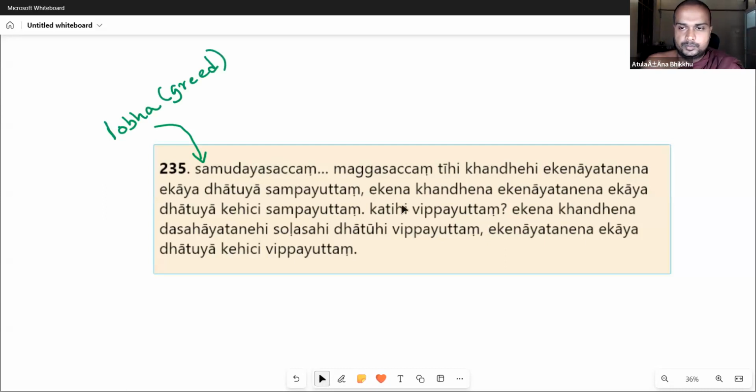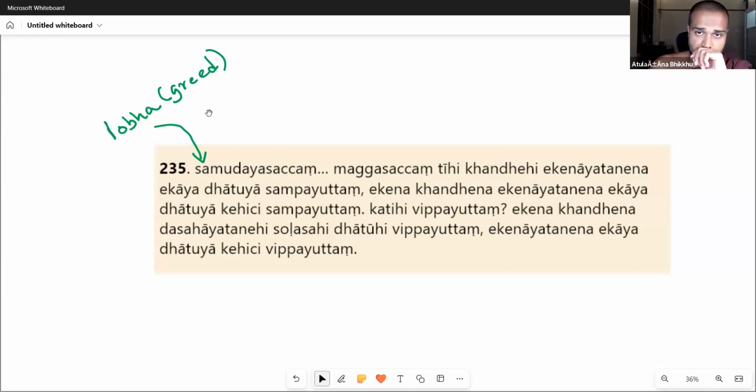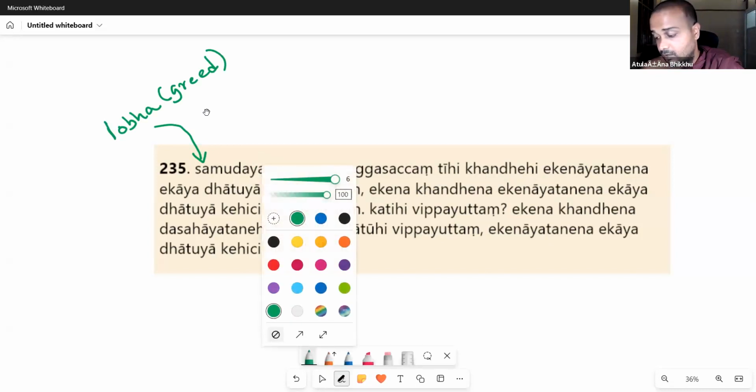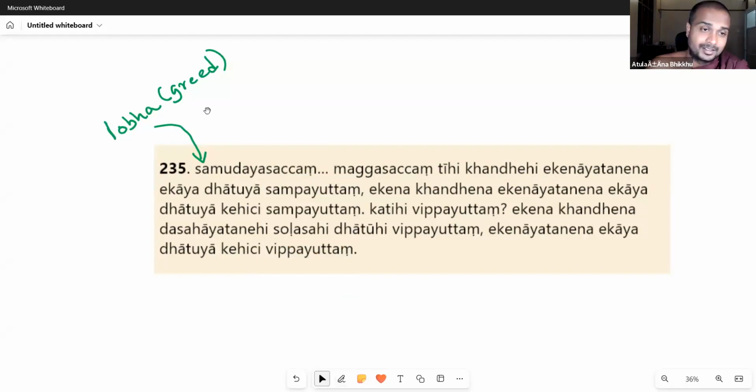So it says tihi khandehi ekena ayatanena ekaya dhatuya sampayutta. So lobha belongs to the mental factor aggregate. So it is associated with 3 other aggregates.